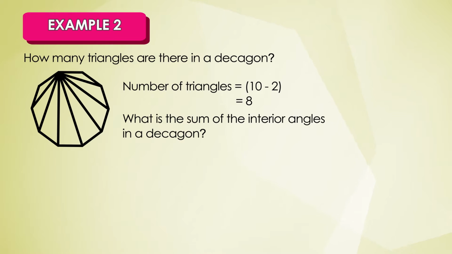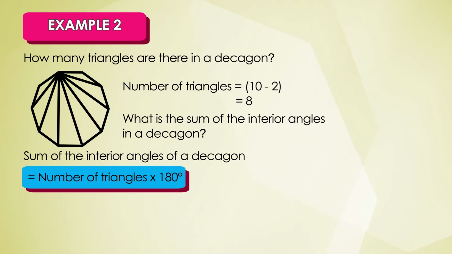And the number of triangles should be 10 minus 2, which is 8. Then, we multiply the number of triangles with 180 degrees, giving us a sum of interior angles of 1440 degrees.